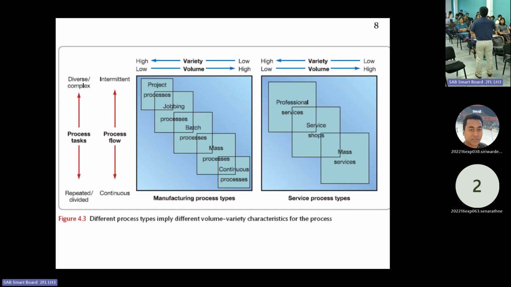Another example, like during the Corona period, mass immunization was required. Everyone should be given the same vaccination. So for that, what kind of service process arrangement was needed? Are they going to differentiate the solution from one person to another?